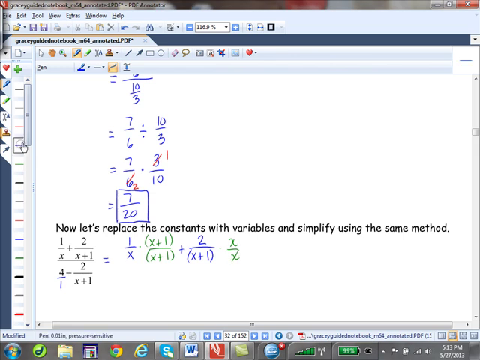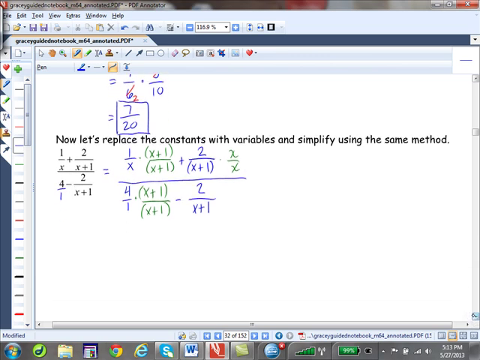Now, this is all over, and notice that the LCD of the expression in the denominator is just x plus 1. So we'll have 4/1, and we'll multiply that by x plus 1 over x plus 1. And then we don't need to adjust the second one because it already has the LCD.